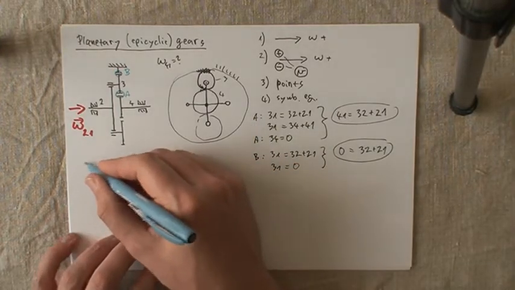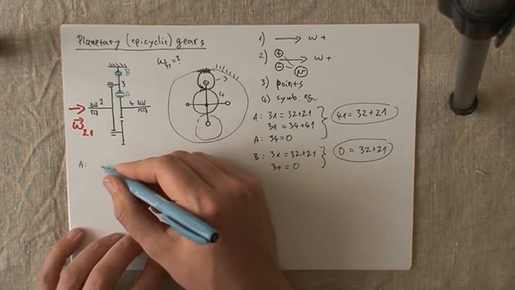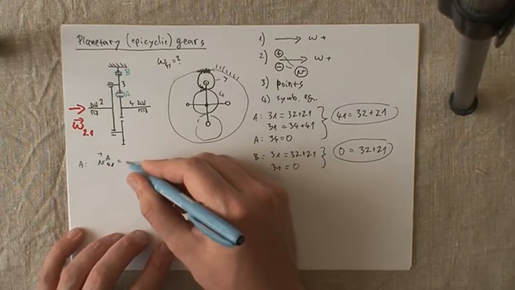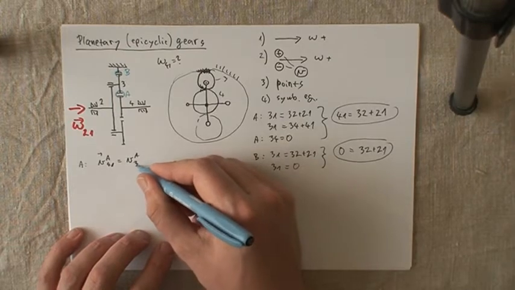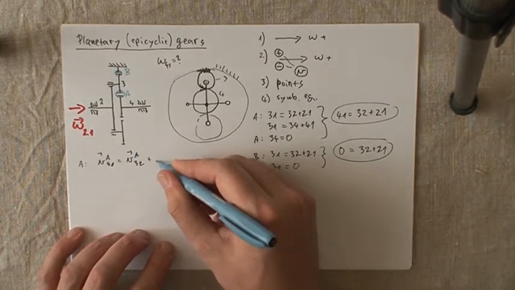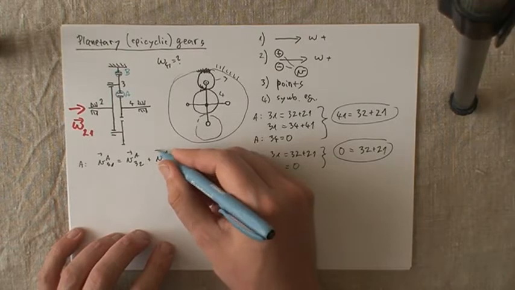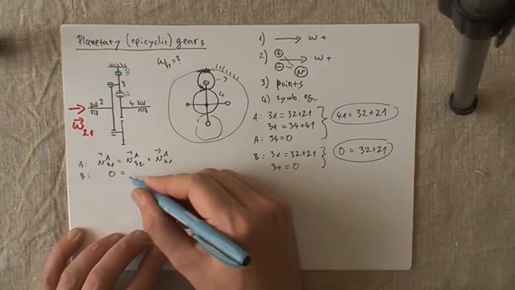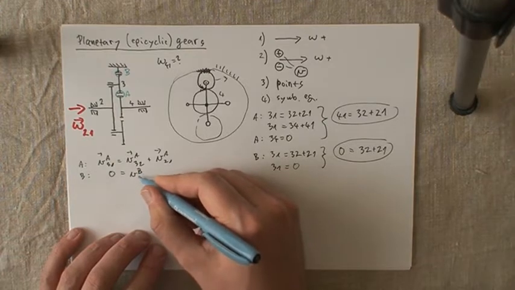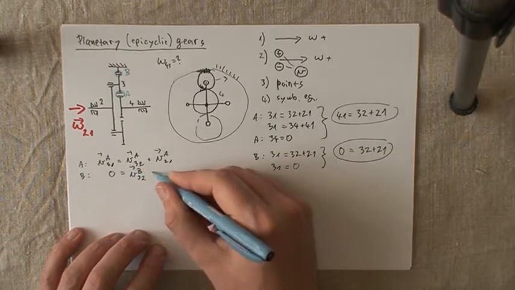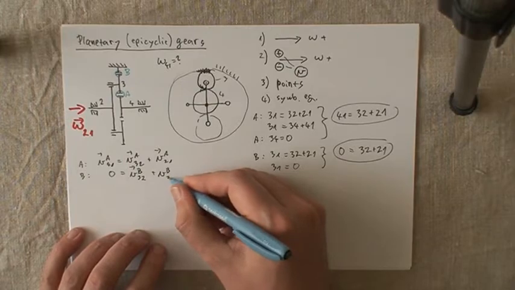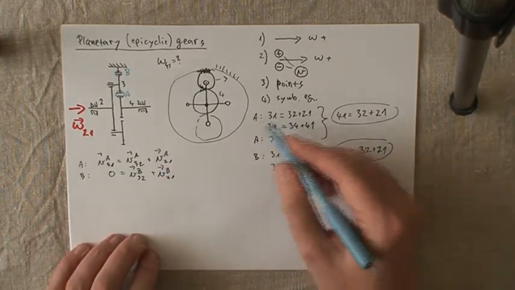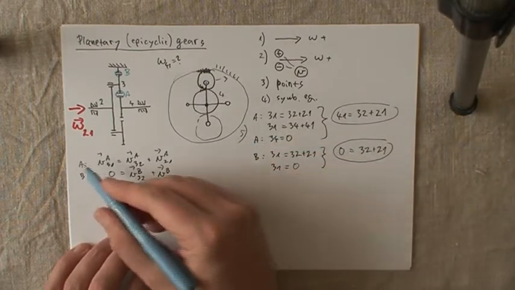Therefore, in point A, VA for 1 equals VA 3,2 plus VA 2,1. And in B we will have 0 equals VB 3,2 plus VB 2,1.